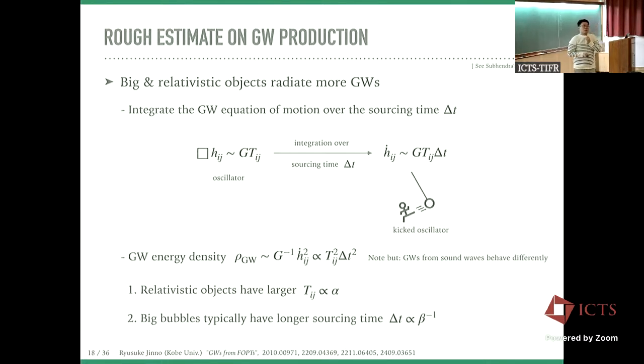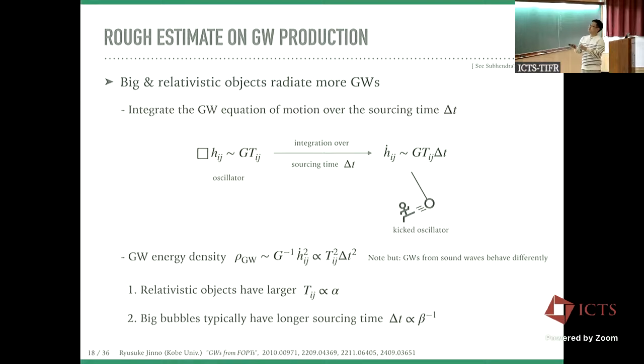But okay, so that's fine. But let's calculate ourselves. This slide shows the rough estimate of the gravitational wave production from this process, and I encourage PhD students to calculate yourself using this slide.